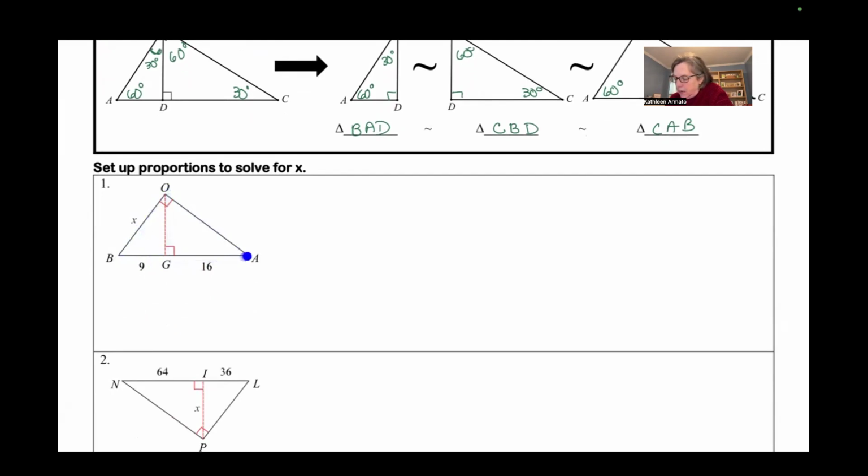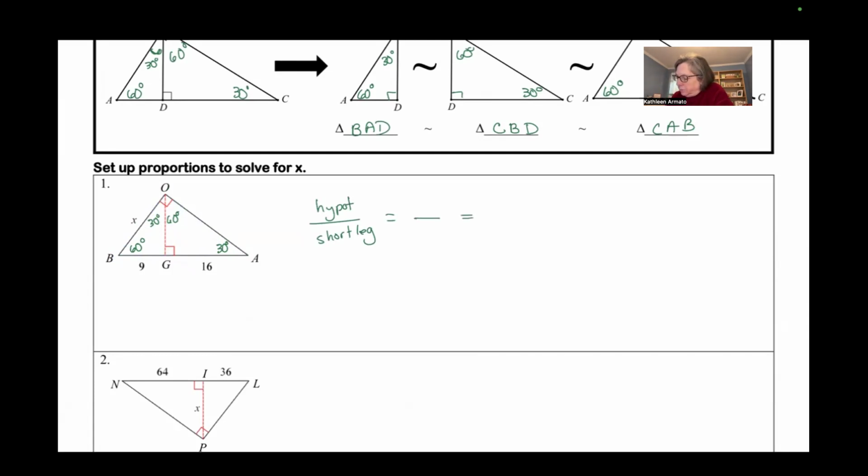If I put my numbers on there again, 30, 60, and you don't have to, but I'm just trying to make the point. In the big triangle, it's opposite the 30 degrees, so that would be the short leg. So I could set up a proportion where I'm going to do hypotenuse to short leg. Okay? Because X is both the hypotenuse of one triangle and a short leg of another.